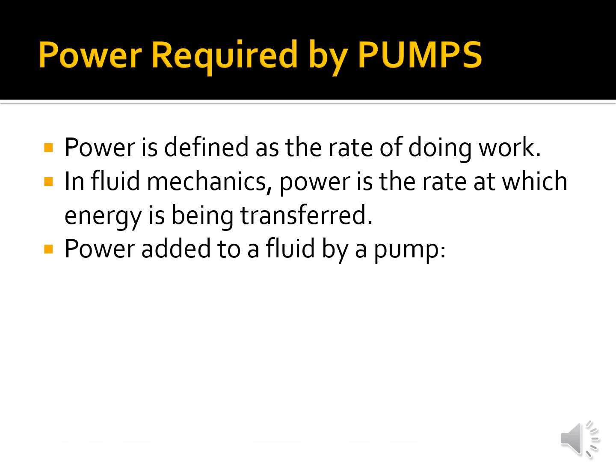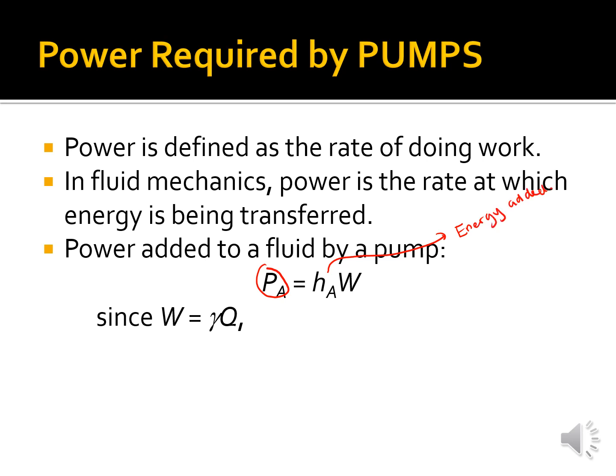To calculate power, we can use this formula, in which P is the power that we want to calculate, and H is the amount of energy added. We already covered this in the previous parts, part 2 and part 1. And W is defined as the weight flow rate.